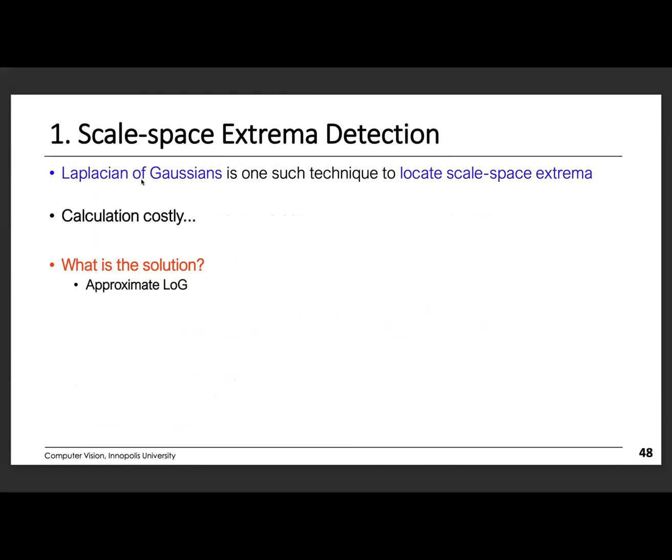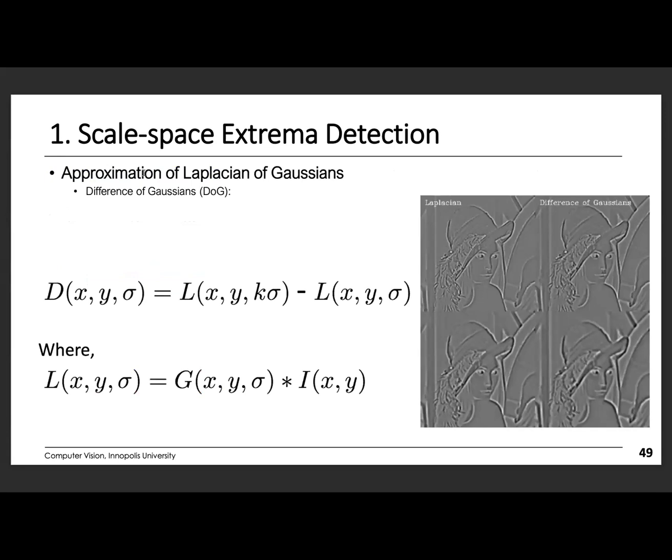So the Laplacian of Gaussians is one such technique that can do both the Gaussian and of course the calculation of the derivatives. But its calculation is quite costly, so the solution was to approximate the Laplacian of Gaussians through the differences between the Gaussians.